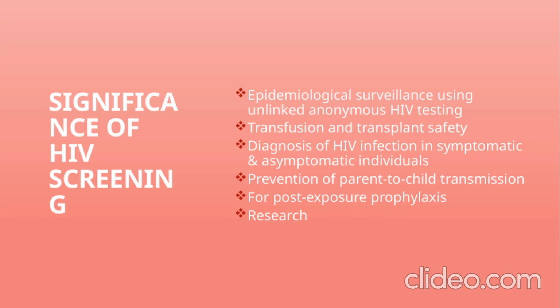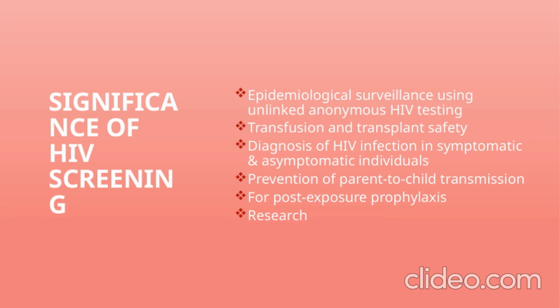Next, ensuring transfusion and transplant safety is vital, as testing for HIV in blood and organ donors significantly reduces the risk of transmission through medical procedures. Accurate diagnosis of HIV infection is essential, whether the individual is showing symptoms or not, because early detection can lead to better management and treatment outcomes.